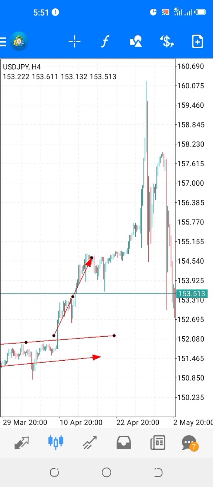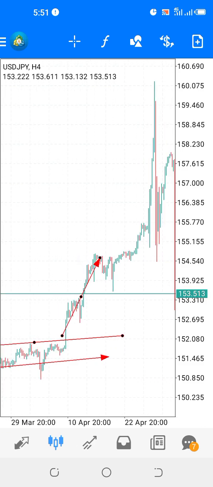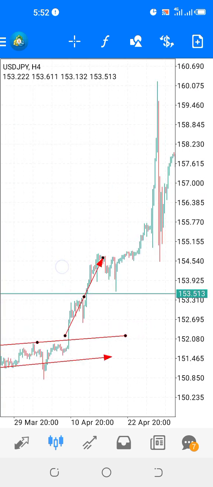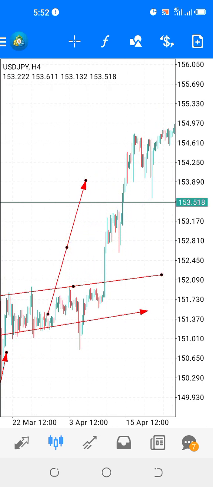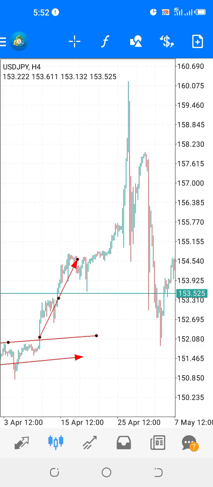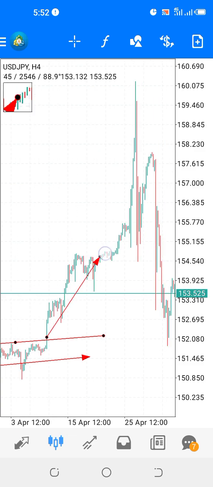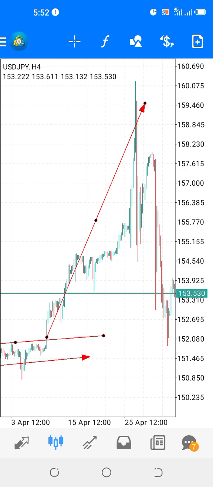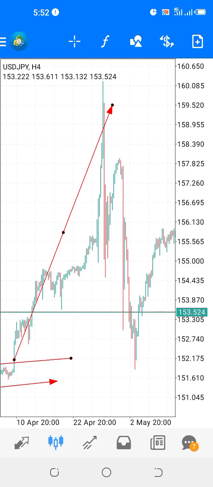So after price had extended from this point up to this point, you realize that the buyers started feeling reluctant.